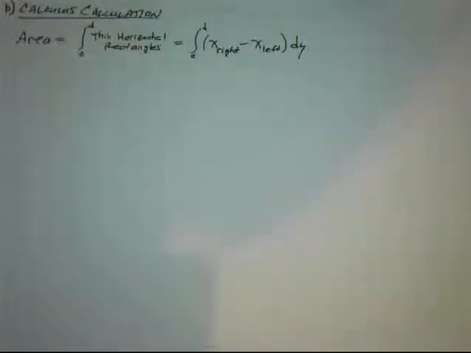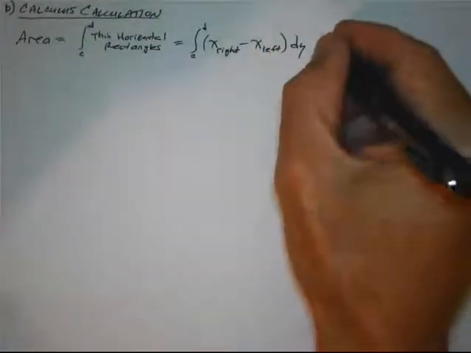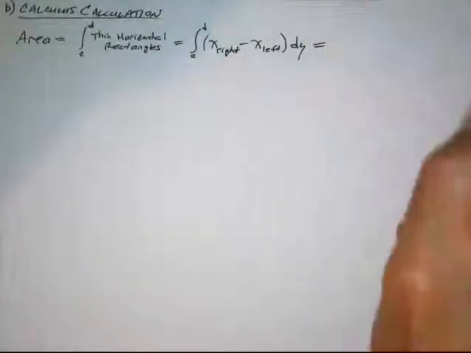So we've decided on this strategy, a definite integral that sums thin horizontal rectangles, summing up x right minus x left times the width dy. Okay, let's start putting together the specifics here.